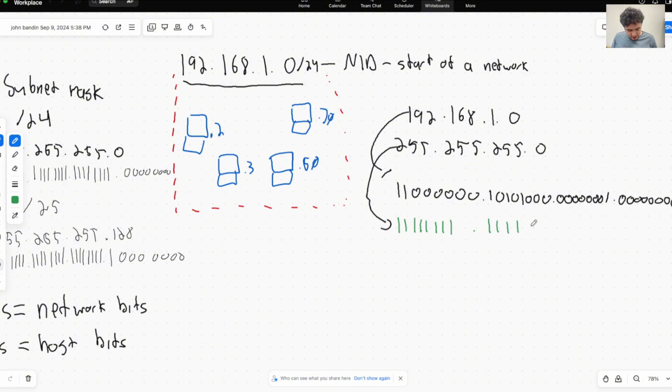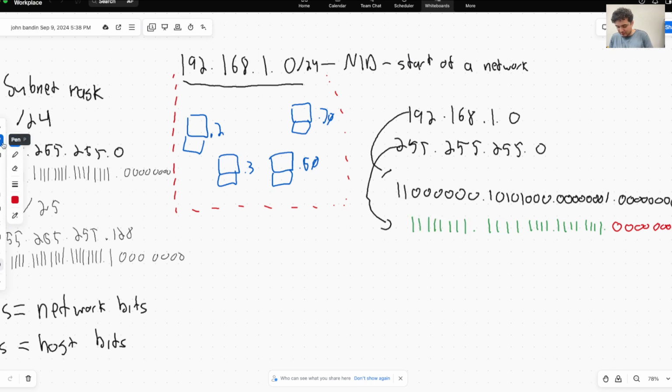Didn't line that up as good as I wanted to. That's okay. And then the last octet will be red. Okay, so what do we have here? And I'm going to move this one just a little bit over.